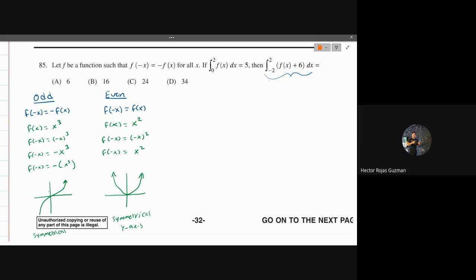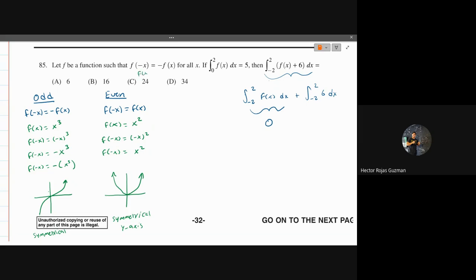Comes in handy. So if I want to find my integral, that means I'm going to be doing the integral from -2 to 2 of f of x dx plus the integral from -2 to 2 of 6 dx. The first integral is 0. Why is it 0?